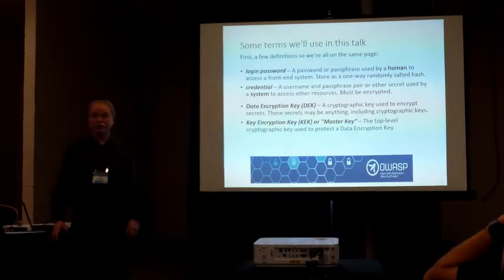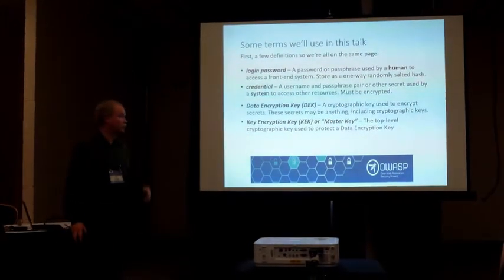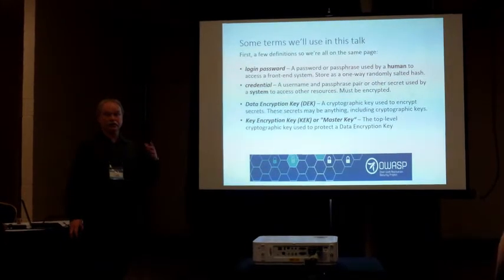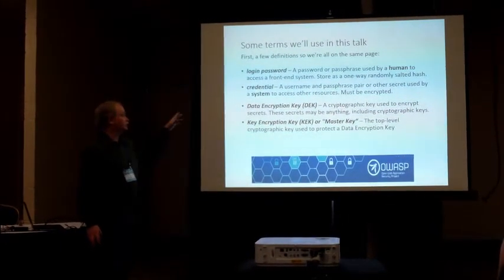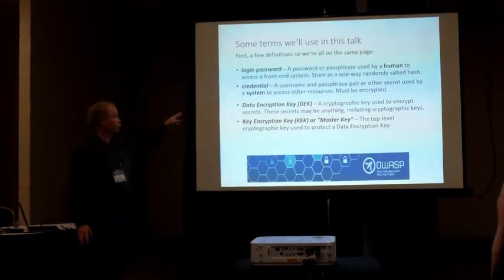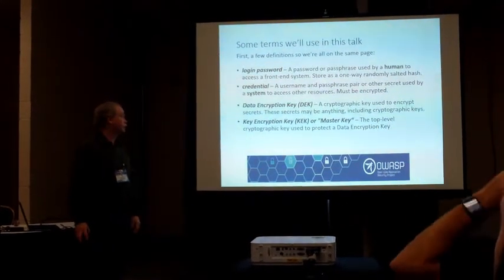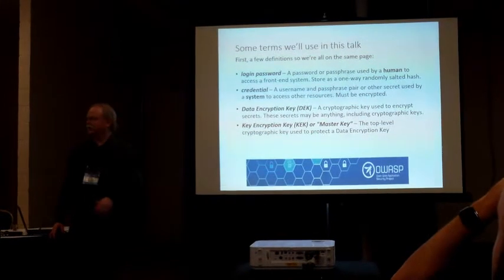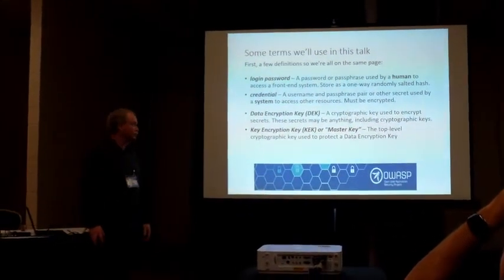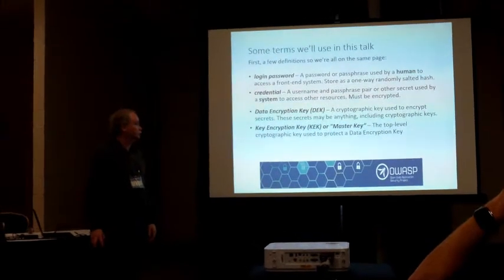I'll just probably use the term master key because it's faster to roll off the tongue. And for us, that is the top level key, and it's used to protect the data encryption key. That's the only thing that it encrypts. All your secrets are encrypted with the data encryption key. At some point, we'll pause and talk about why in the world would we introduce this extra level of indirection.